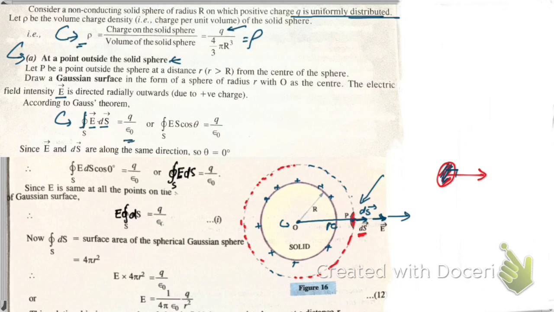For the dot product of the two vectors E and ds, I think there is a printing mistake. That should not be E S. It should be E ds cos theta. The surface integral of E ds cos theta is equal to Q by epsilon naught. So that should be the correct form. Here we have a printing mistake. Hope you have got it.